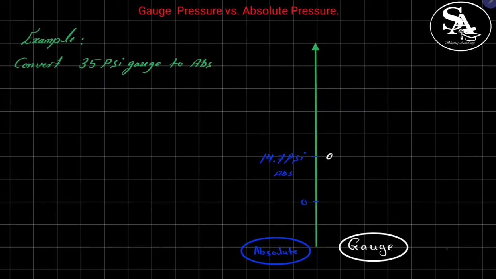In our example, we have 35 psi gauge. So what is the absolute pressure here? We need to find this. By the way, our drawing is not to scale. For example, when it is gauge pressure, we measure from here to here. But when it is absolute pressure, we measure from here to here.